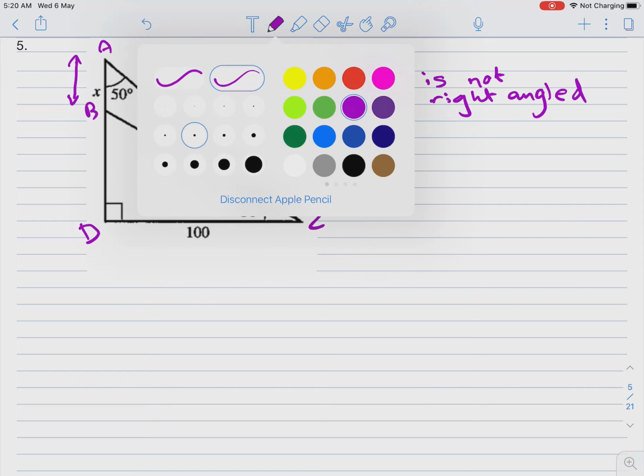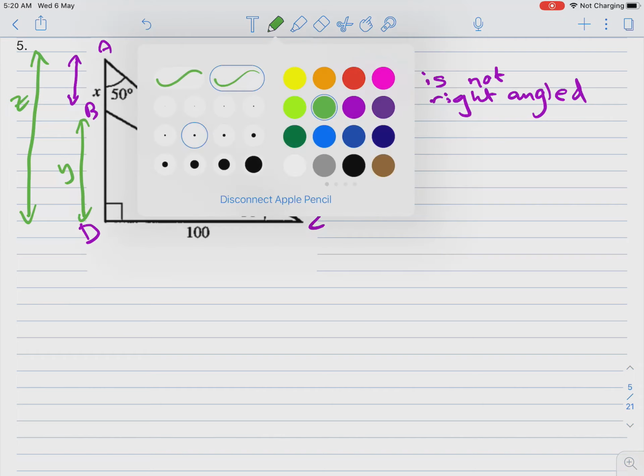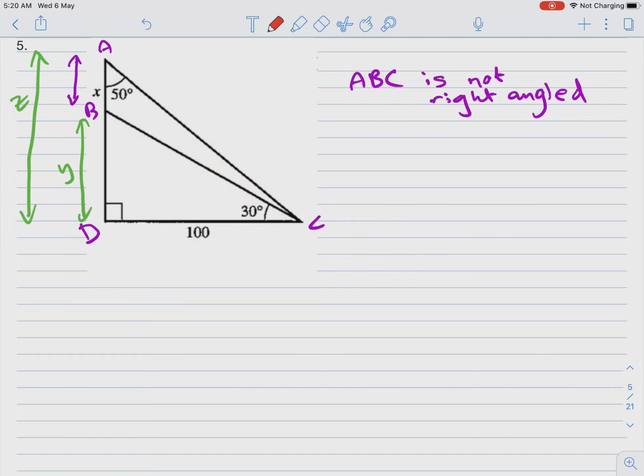But I can call, for example, this length y and this is z, and I can find them from triangles. So look at the procedure that I will follow.